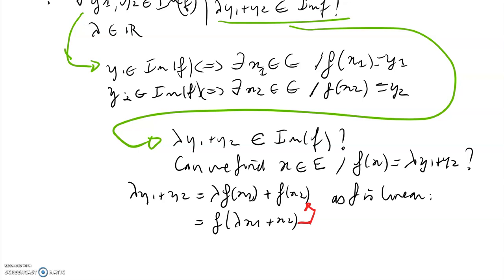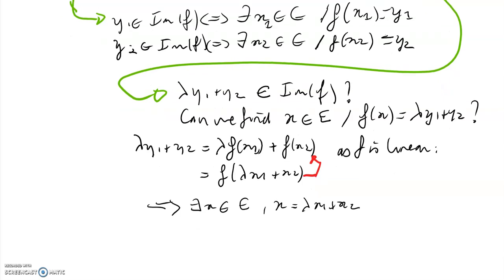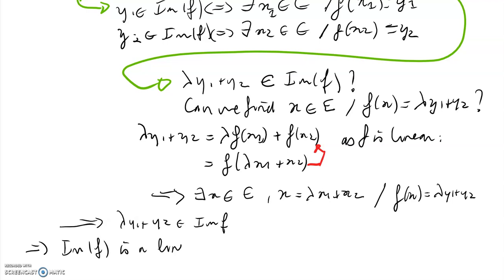So what does that mean? It means there exists x that belongs to E, and that x is equal to lambda x1 plus x2, and as E is a linear space, x belongs to E, such that f of x is equal to lambda y1 plus y2. Hence lambda y1 plus y2 belongs to the image of f. And finally, we can conclude that the image of f is a linear subspace of F.